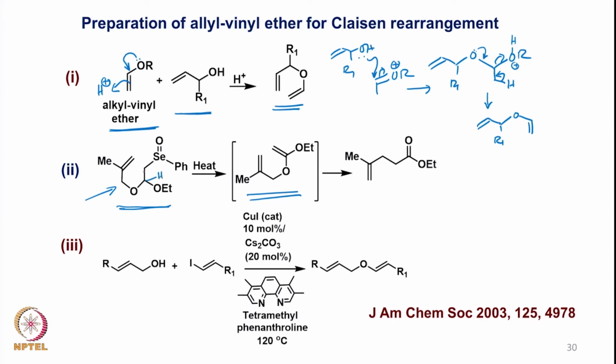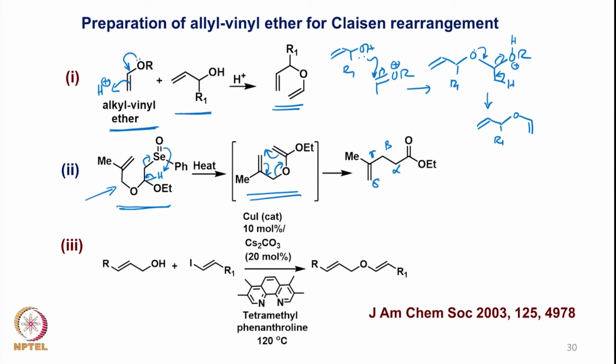So 1, 2, 3, 4, 5, we have discussed this kind of thing, where you can anticipate that this comes in here, this comes in here, and this goes off, and you get this intermediate. Now this is the same intermediate as in the Johnson-Claisen rearrangement case, and therefore you can anticipate that this kind of rearrangement will take place, and therefore you have an alpha, beta, gamma and delta unsaturated system.